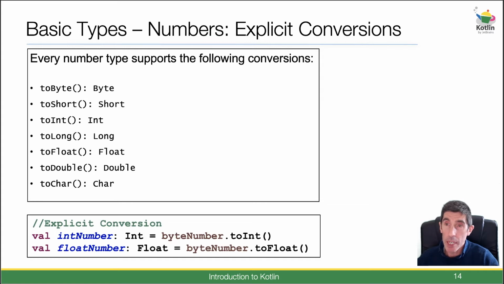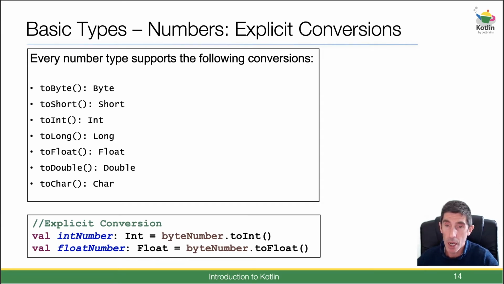And to go into it in a little bit more detail, every number type supports the following conversions. So we have, you can see there's toByte, toShort, toInt, toLong, toFloat, toDouble, and toChar. So any of the types that we need to convert between is fine, because each class has its own member function and supports those particular functions.